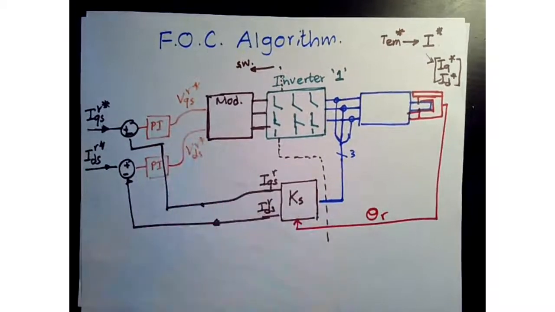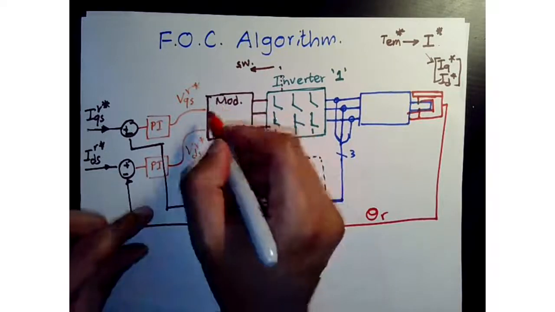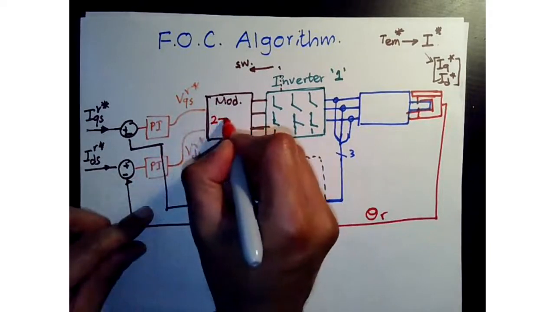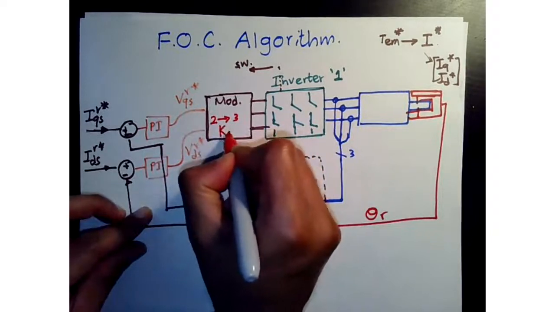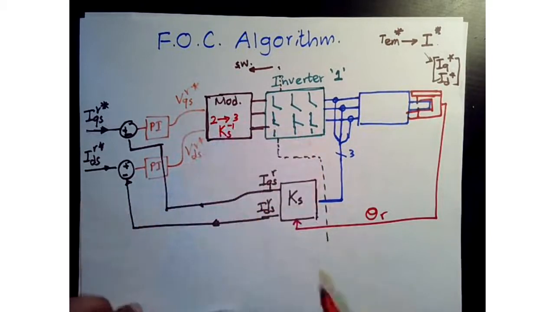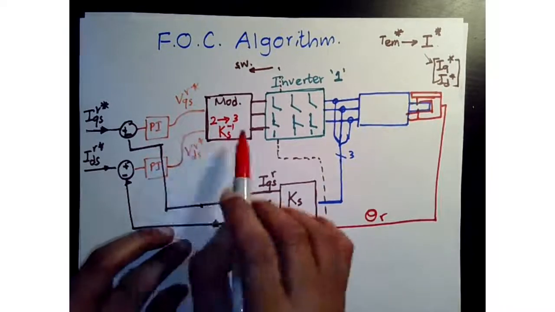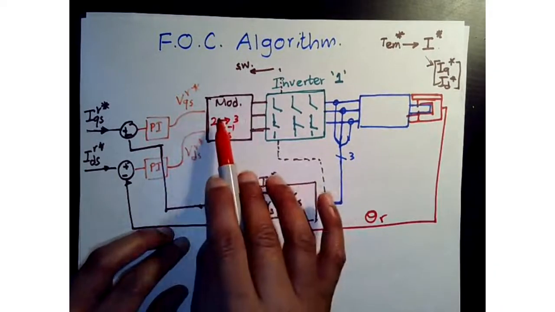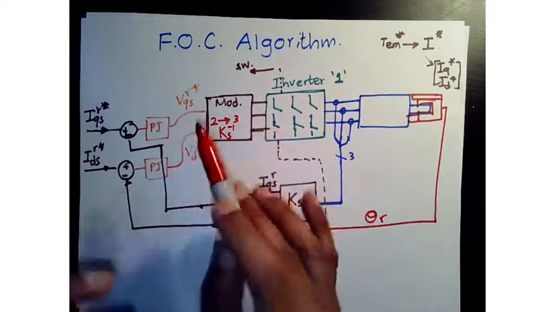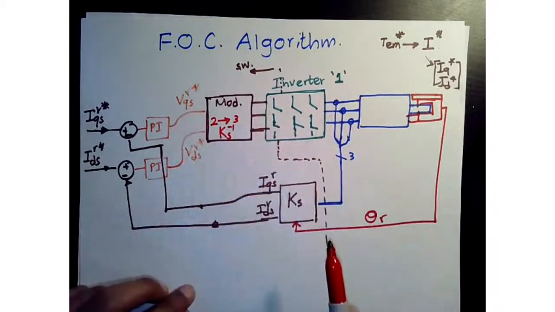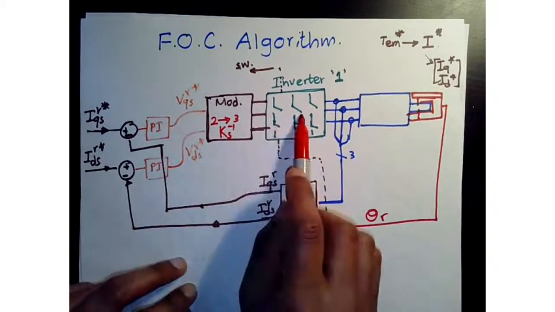These are applied to our modulation strategy. Sometimes they get converted from two variables to three, which is our KS inverse, right? And depending on the strategy used, you don't even need to do that. You might have a lookup table that directly converts it to three and then into PWM signals, or just timings for the PWM.